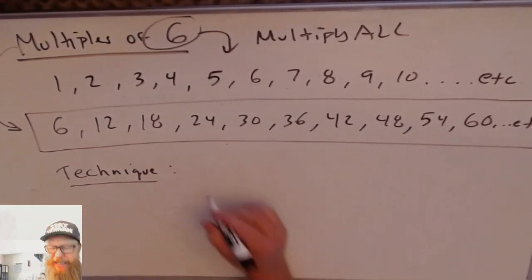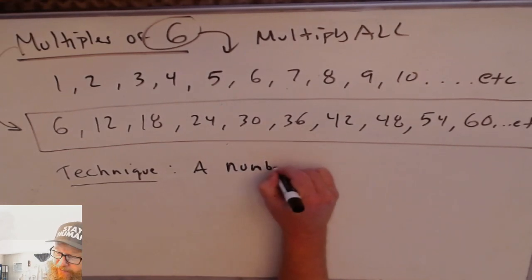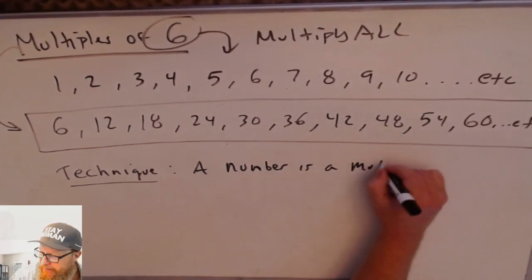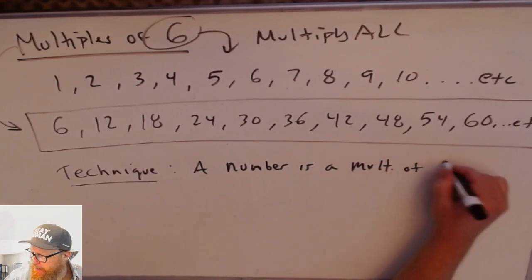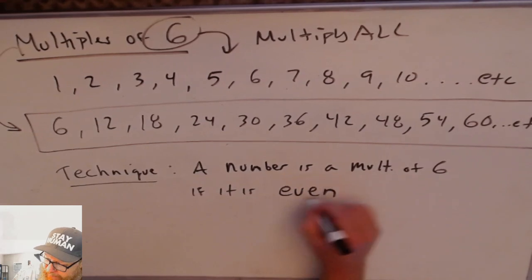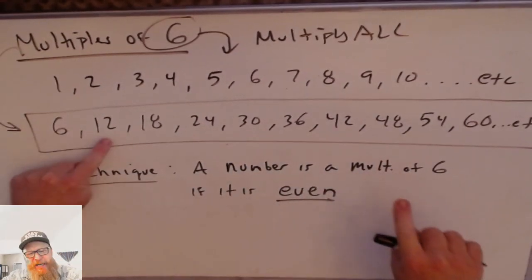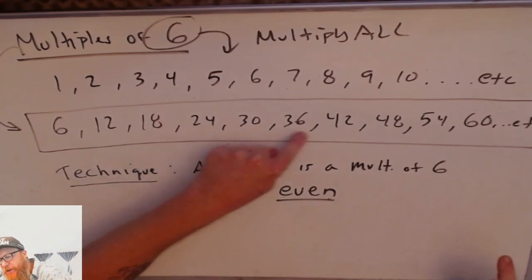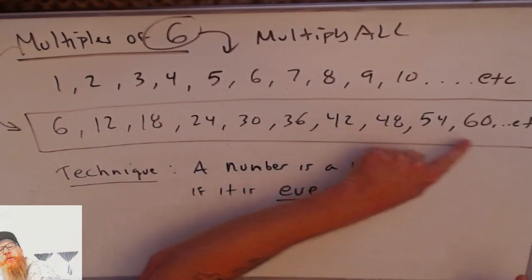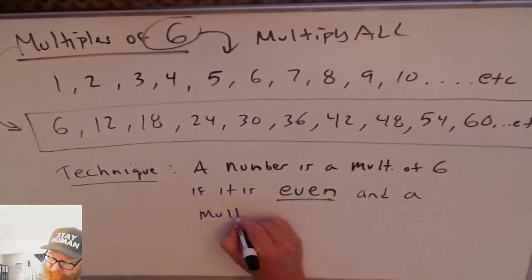The technique: a number is a multiple of 6 if it is even, so notice they're all even. Look, 6, 12, 18, 24, 30, 36, 42, 48, 54, and 60, and a multiple of 3.